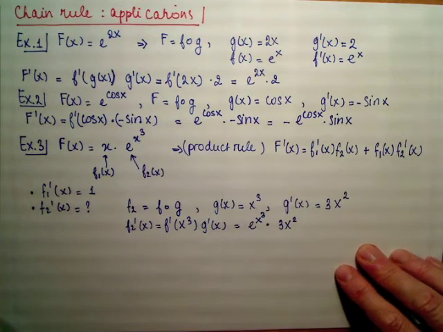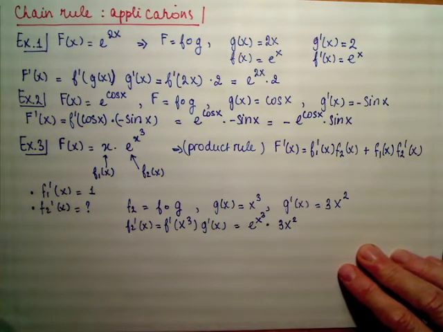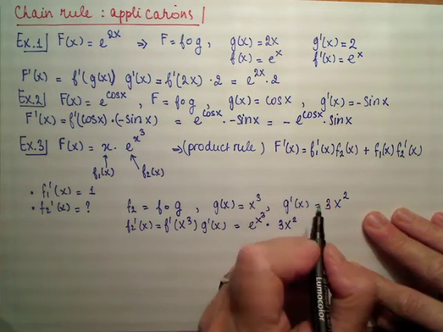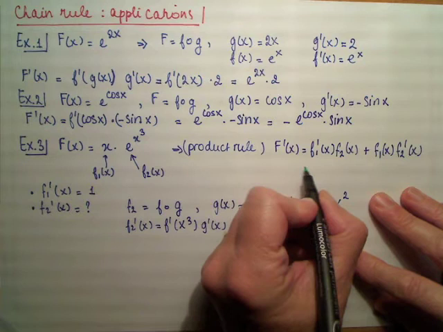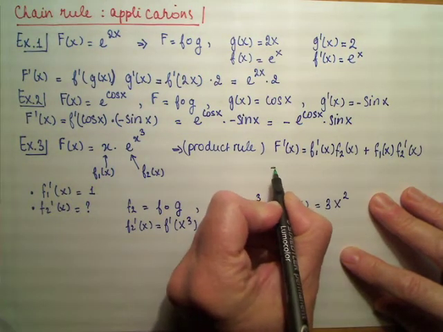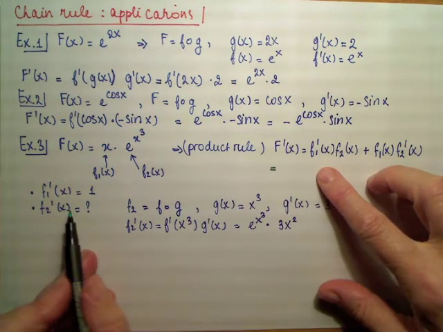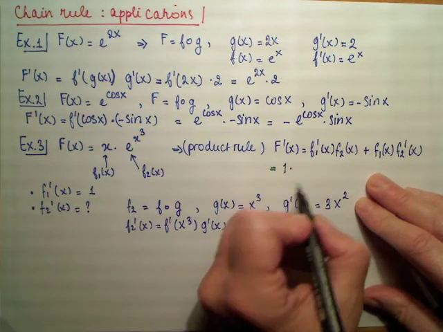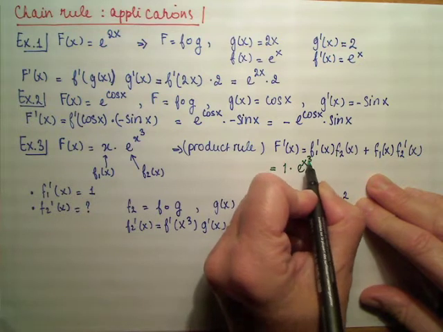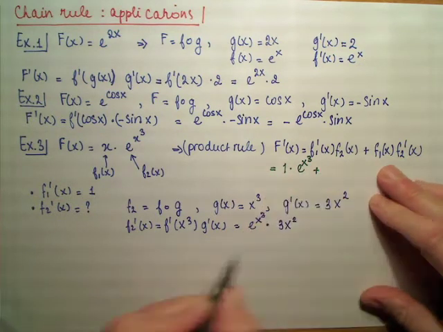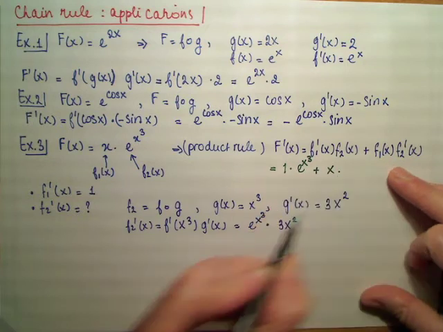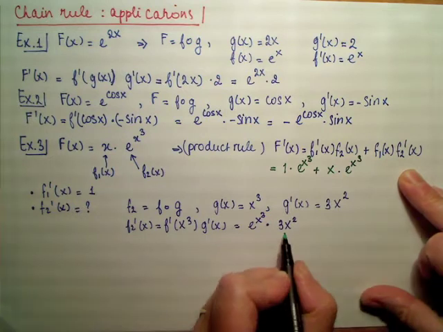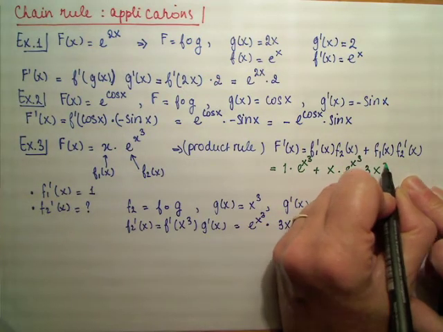Okay, now we can combine all these things, and I will just copy it here. So what is this thing? Do I have enough space? So this is equal to f1 prime, which is 1, multiplied by f2, which is e to the power x to the power 3, plus f1, which is equal to x, and f2 prime, which is e to the power x to the power 3, multiplied by 3x squared.